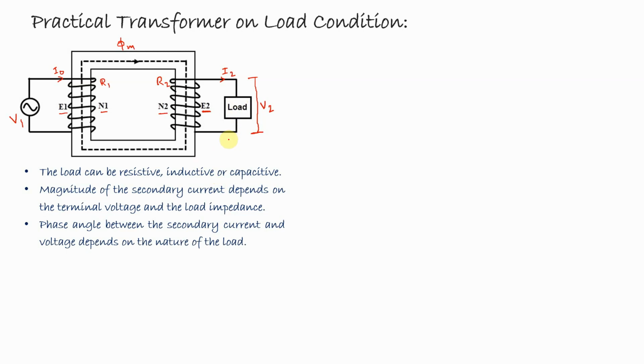Whatever the type of load, depending upon its nature, the relation between the current I2 and the voltage V2 will be calculated using their phase angle. If it is a purely resistive load, the current I2 and voltage V2 will be in phase. If it is resistive inductive, I2 will lag V2, and if it is resistive capacitive, the current will lead the voltage.